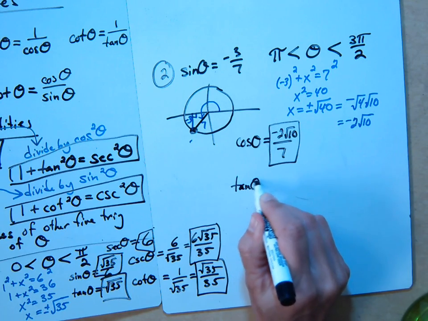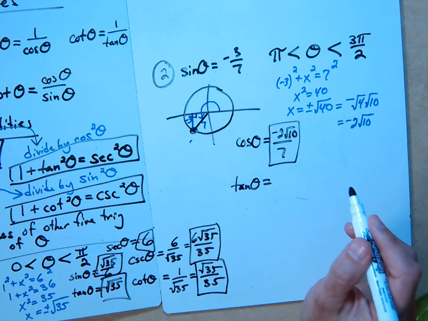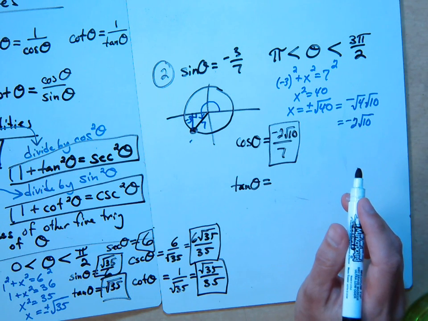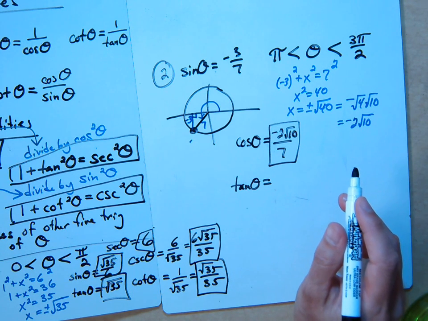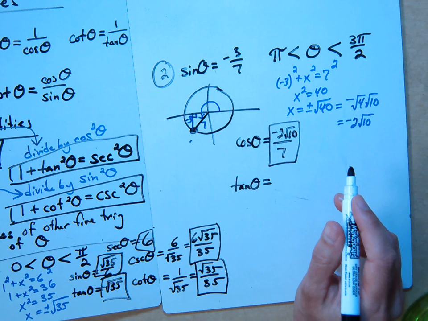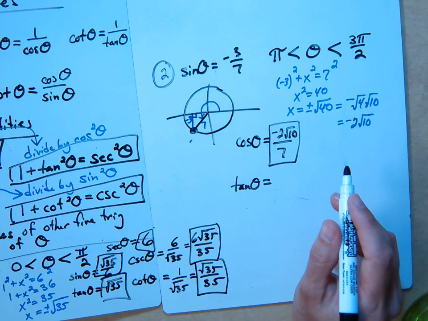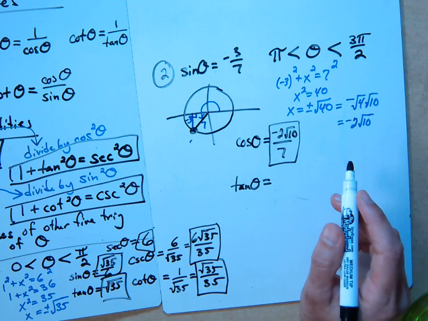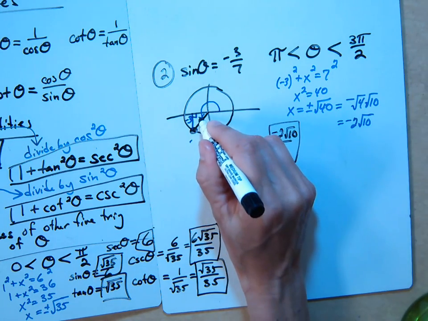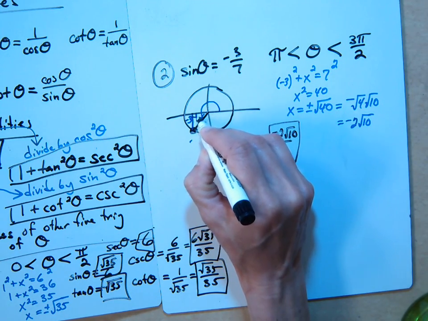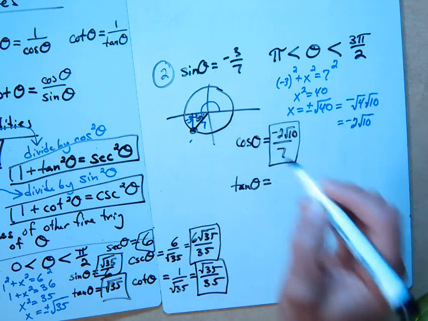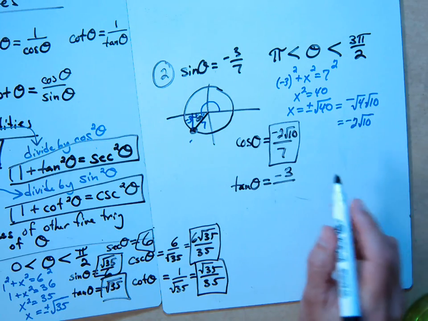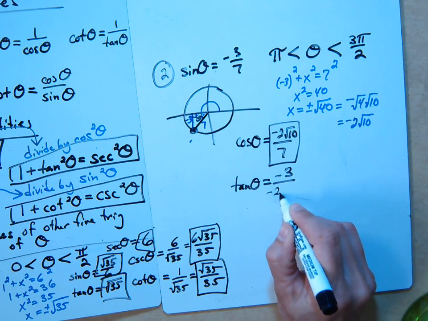Tangent is, we know, opposite over adjacent. Remember, you're picturing theta right here. Theta right there. So the opposite is -3 and the adjacent is, good, -2 root 10.